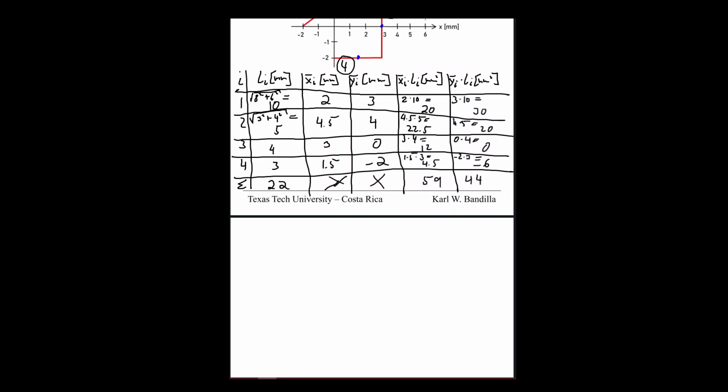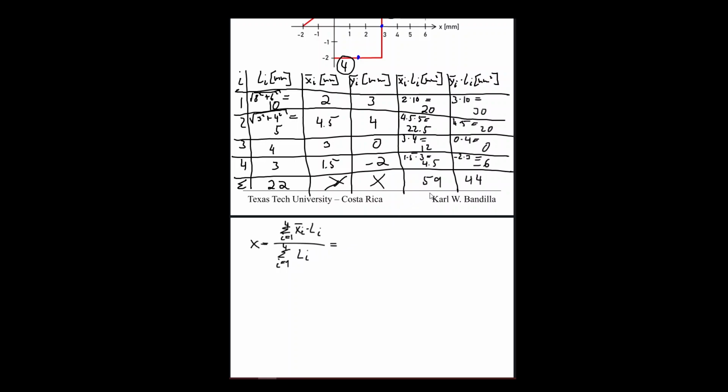And with that, we can find where our centroid is, right? Because we can say x bar is the sum of i equal 1 to 4 of x bar i times Li divided by the sum of i equal 1 to 4 of Li.